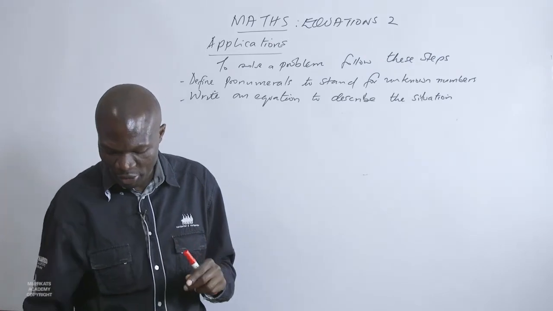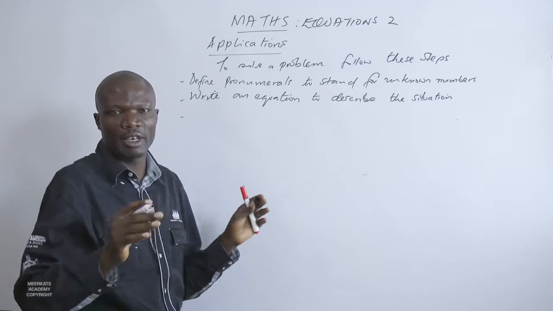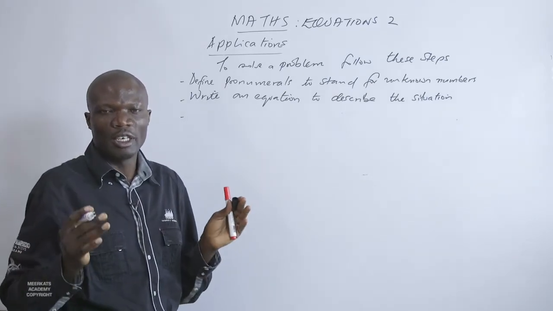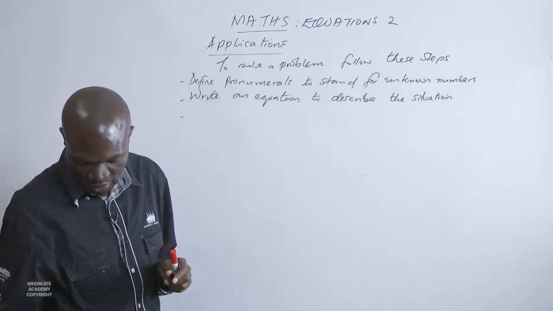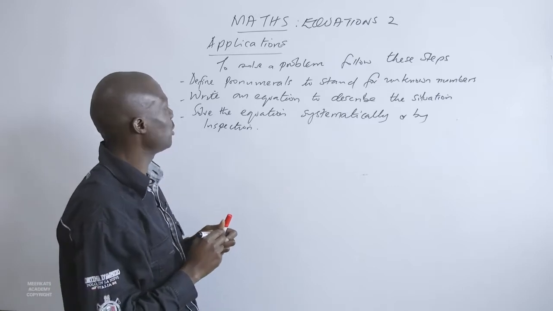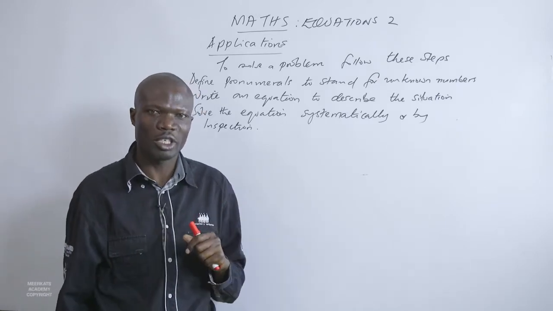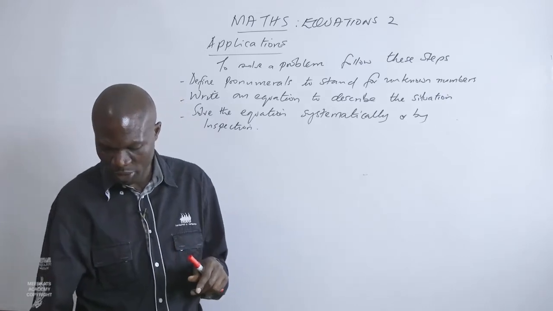The next step, after identifying and writing an equation, is to solve the equation. You write the equation, and then you solve it either systematically or by inspection.